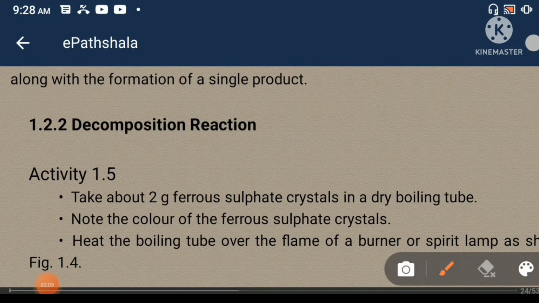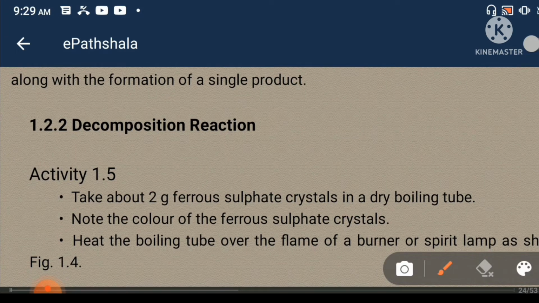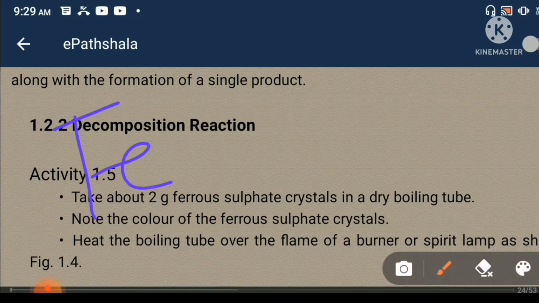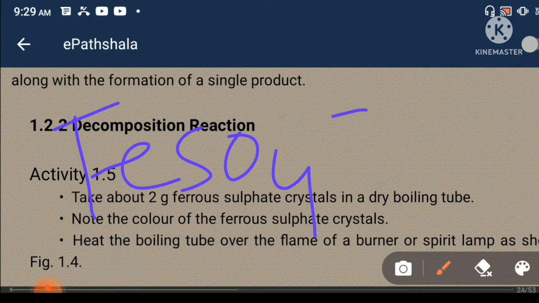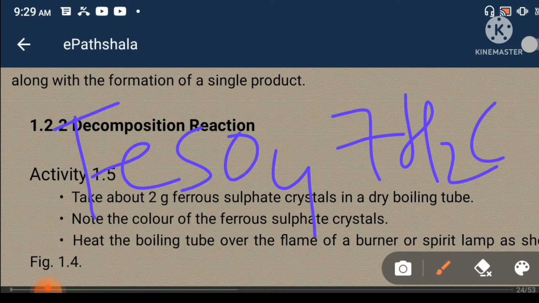Now thermal decomposition, see the example: ferrous sulfate crystals, which are available in the science laboratory, are actually ferrous sulfate heptahydrate. Its common name is green vitriol, and its formula is FeSO4.7H2O.